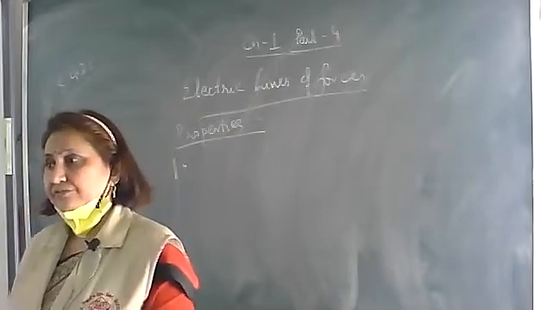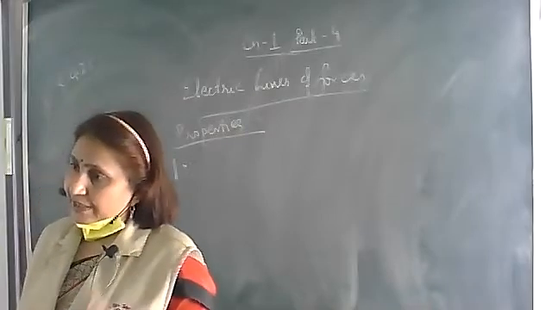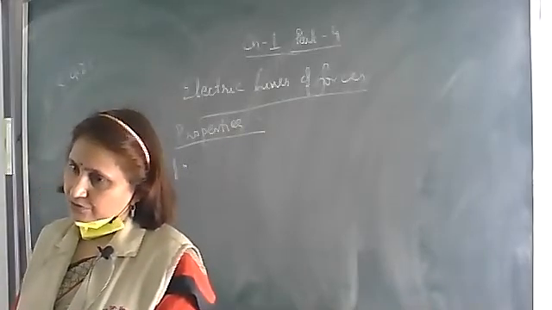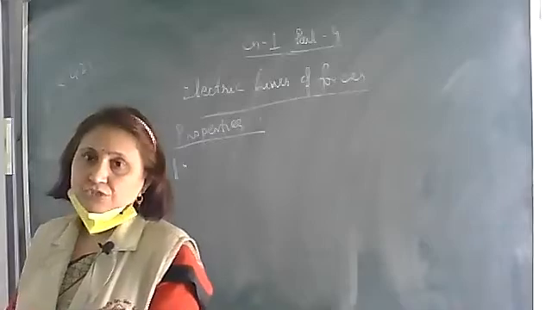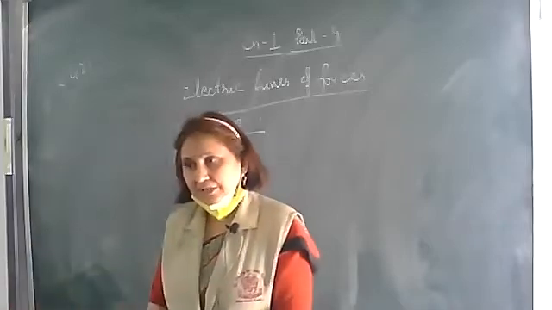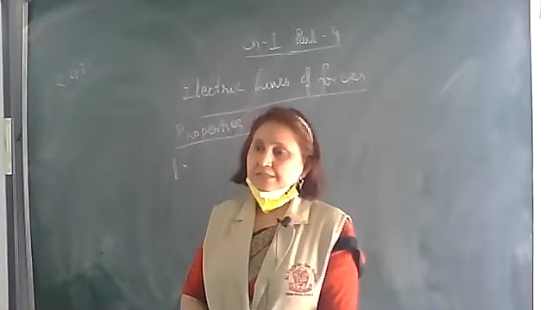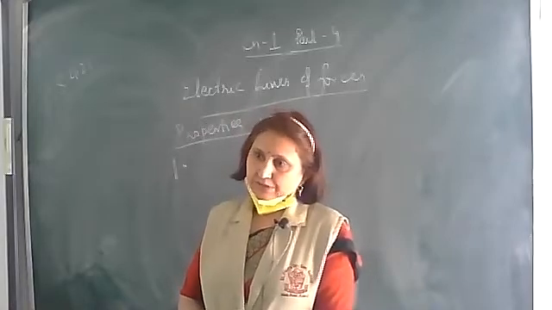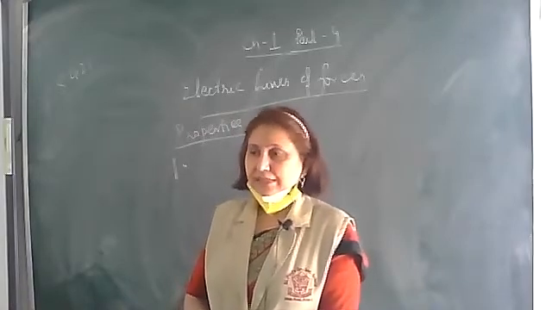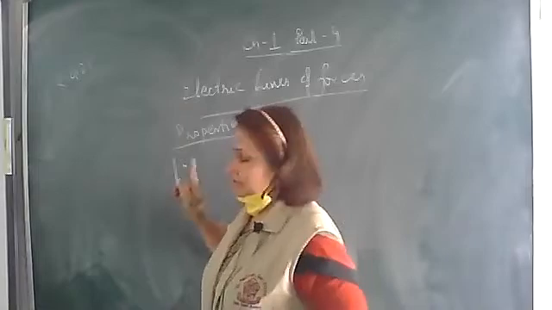How do they give the direction? If we draw the tangent to the electric line of force, which may be curved or straight, at any point that tangent will give the direction of the electric field intensity.